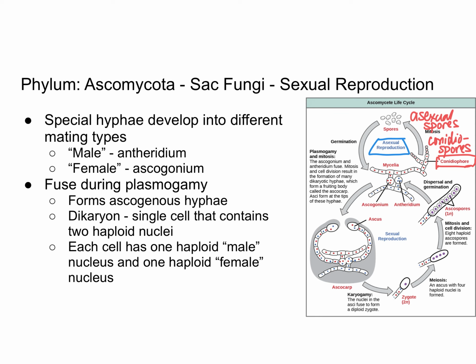For sexual reproduction in Ascomycota, they have special hyphae that can develop into the different mating types. What we would call the male mating type is known as the antheridium, and the female mating type would be the ascogonium. Ascomycota can be homothallic or heterothallic.